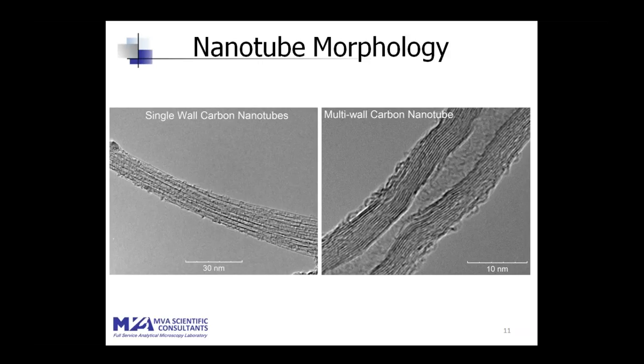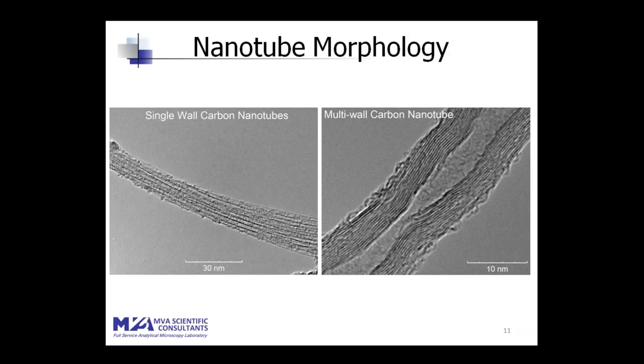But the one that I find very fascinating is the image on the right, which is a singular multi-wall carbon nanotube. In this case, you can imagine it more like the paper towels that wrap around the cardboard tube in the middle. And you can see each of those lines that make up the outside of that carbon nanotube, those walls, are more like each of those individual papers that roll around the paper towel roll.